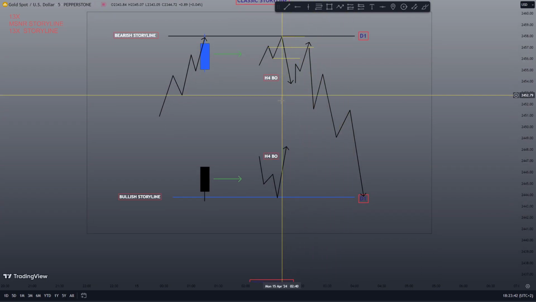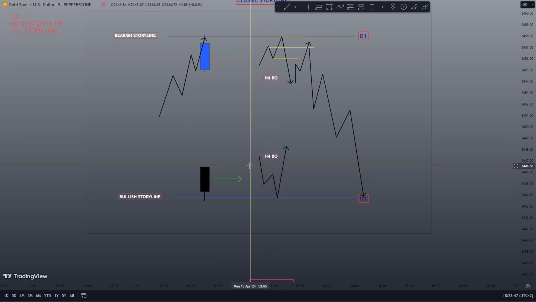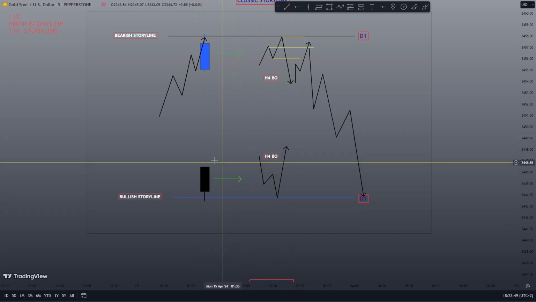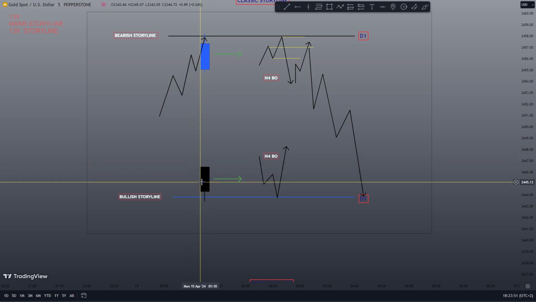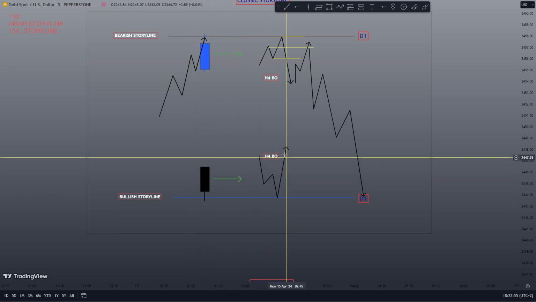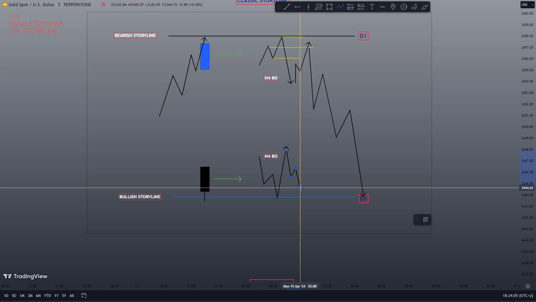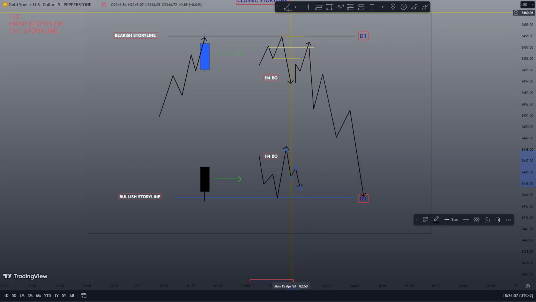Same thing when price reaches our daily fresh level, we need to see a daily candle rejection, and we want to see another H4 breakout printed. Then price will react from any level that got created on H4.